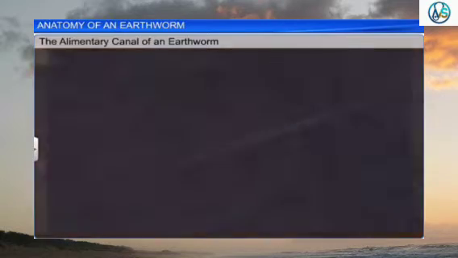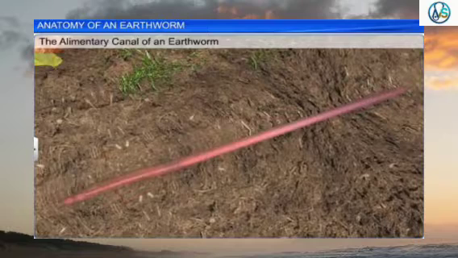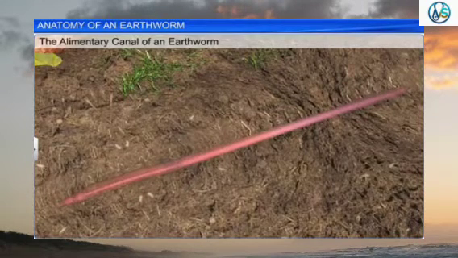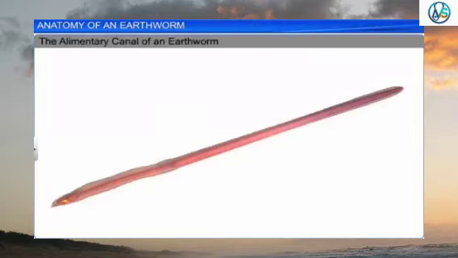Finally, in the last segment, the alimentary canal opens to the exterior through a small aperture called the anus. As the ingested matter passes through the alimentary canal, it is broken down into simpler absorbable molecules by digestive enzymes. These molecules are then absorbed through intestinal membranes and are utilized by the earthworm.